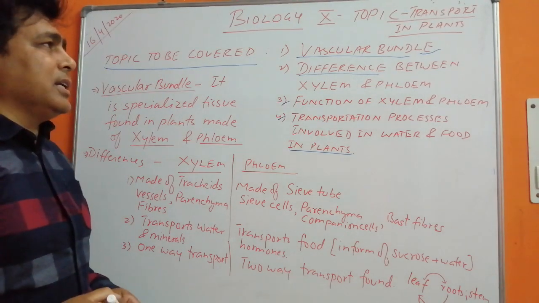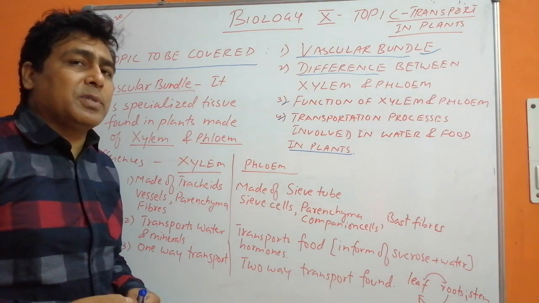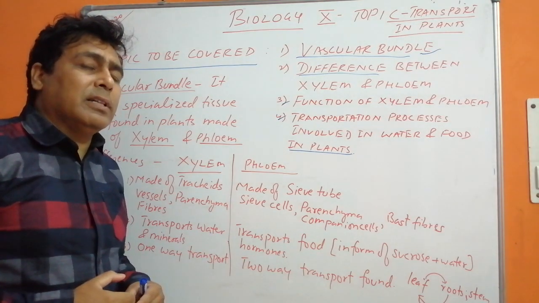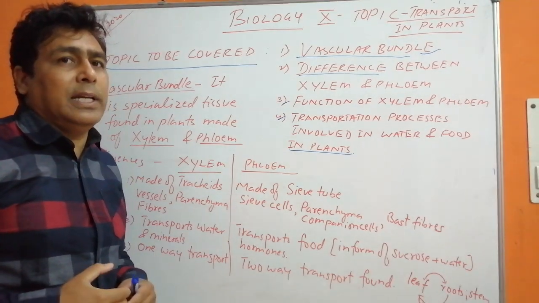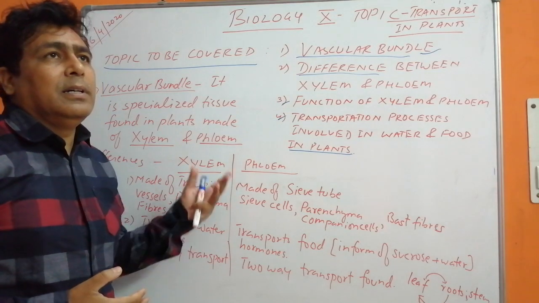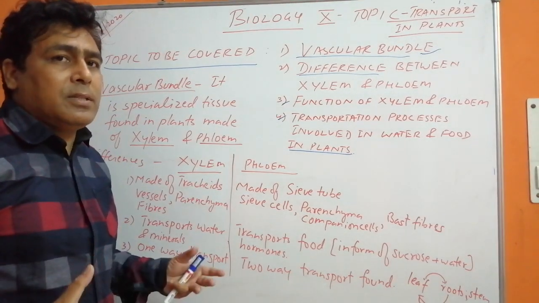So the first question arises here: why is transportation of substances needed in plants? As we know, plants are living things and they comprise leaves, stem, roots, fruits, flowers, buds, branches.